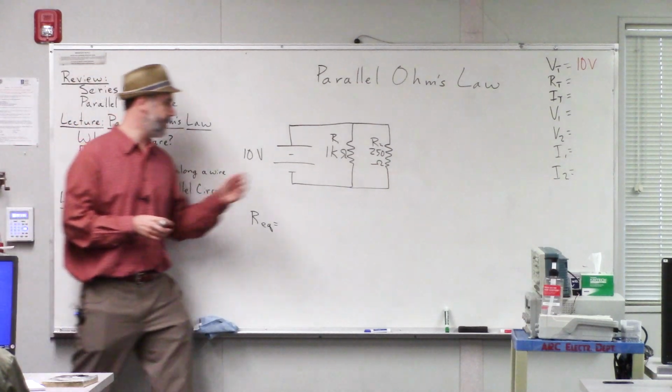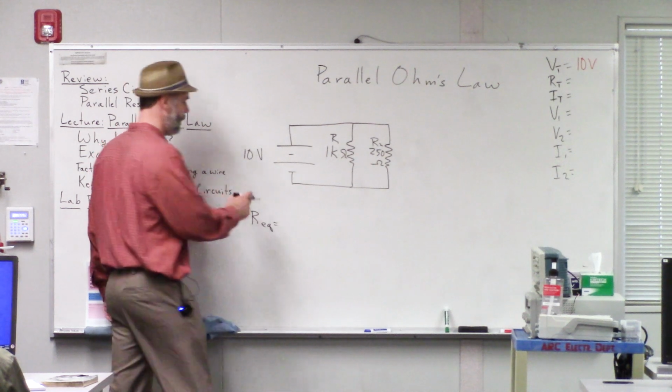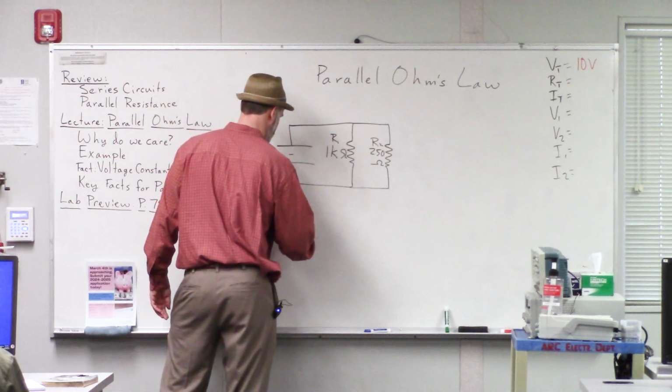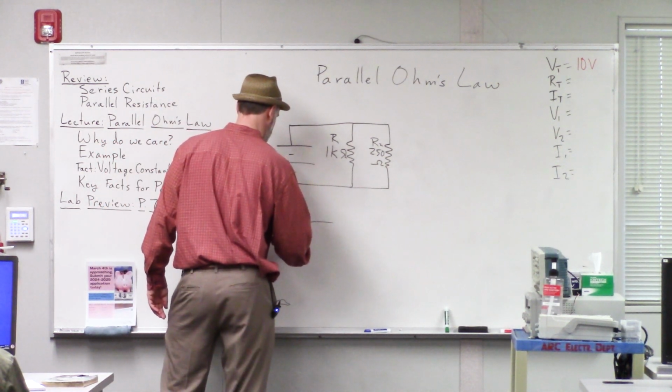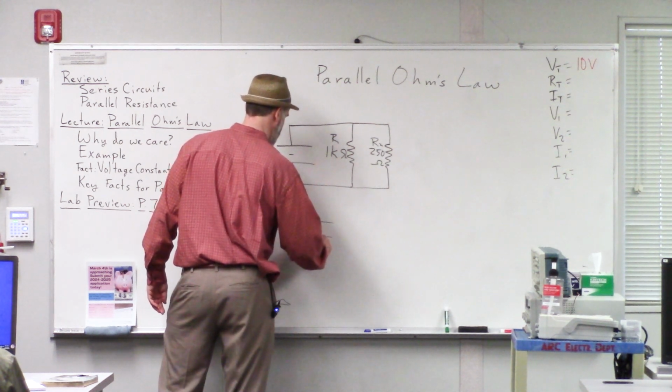No, because that only works when they're both the same value. So we have to use that other formula. So we say R equivalent equals 1 over 1k plus 1 over 250 ohms.